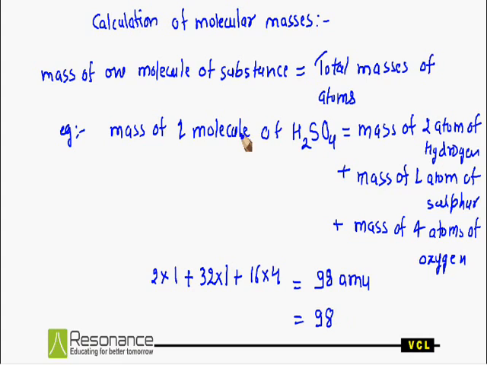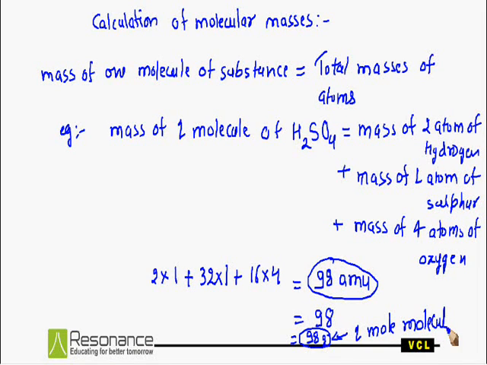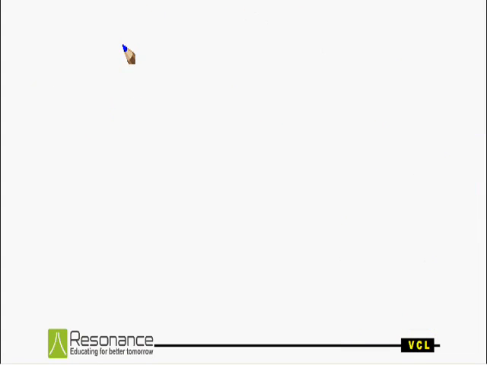And if we use gram as a unit, 98 gram, then it represents the gram molecular mass of H2SO4, the mass of 1 mole of molecules of H2SO4. 1 mole of molecules means Na molecules, and Na means 6.022 into 10 to the power 23 molecules.